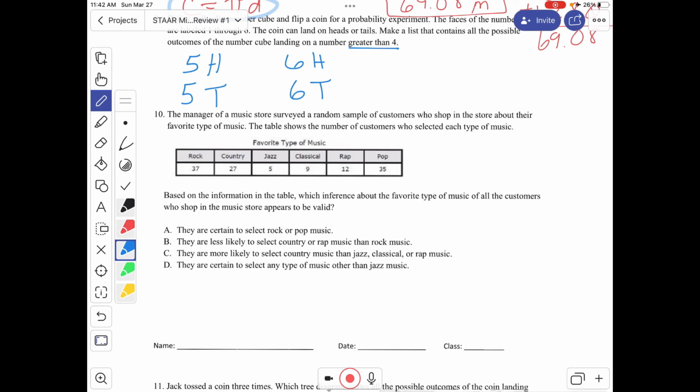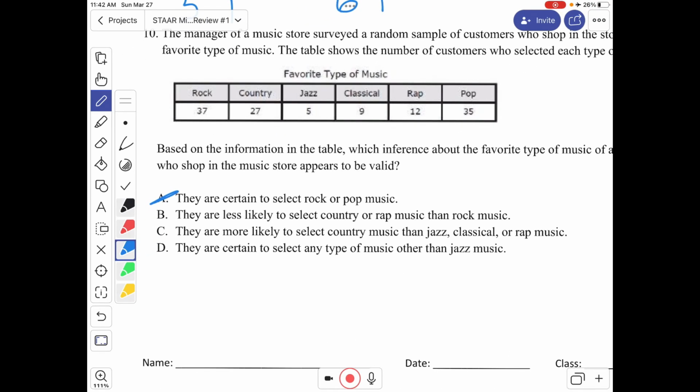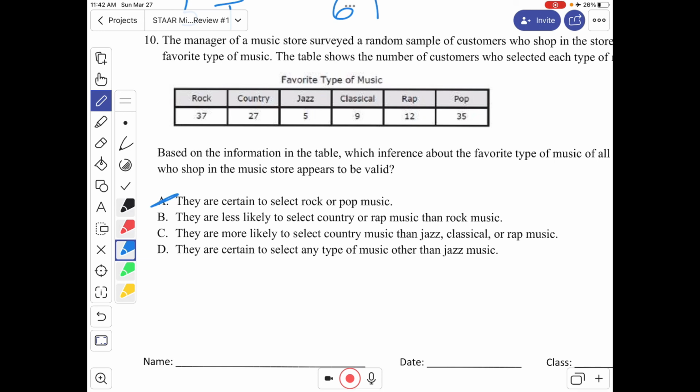A says they are certain to select rock or pop music. For something to be certain, there has to be no other choices. And I can see there are other choices besides rock and pop, so it can't be that. B says they are less likely to select country or rap than rock music.